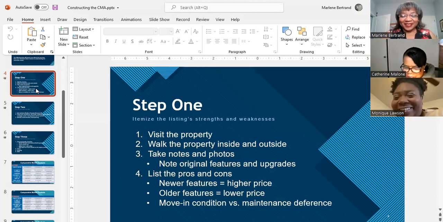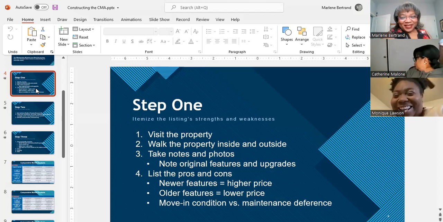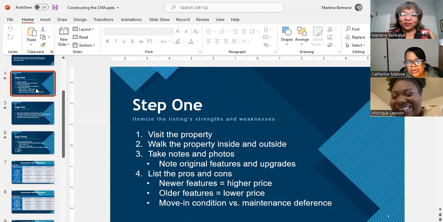That is true. So now if you're representing the seller in step one, you're going to do the same thing whether you're representing the buyer or seller. For the seller, they want to know, well, what price should I set? What should I sell my home at? What should I list it at?